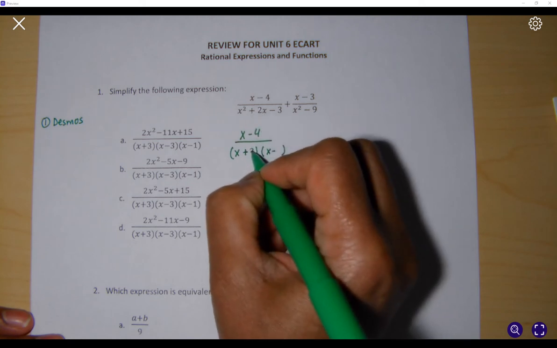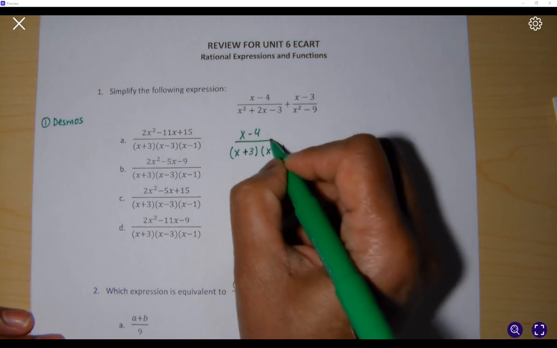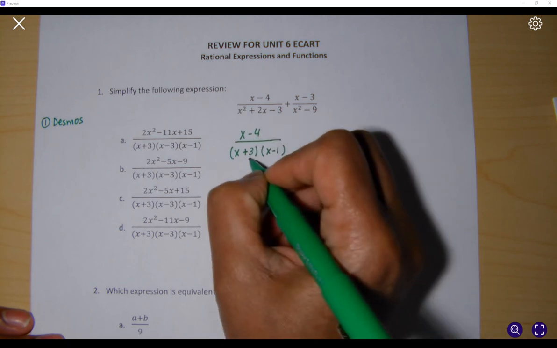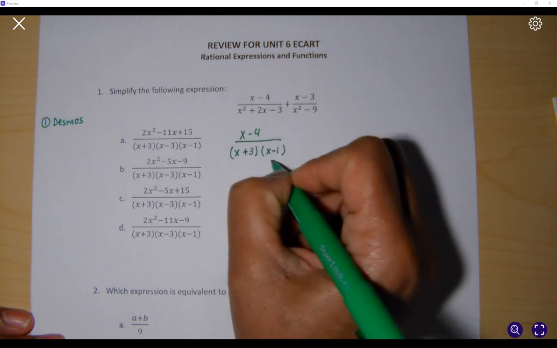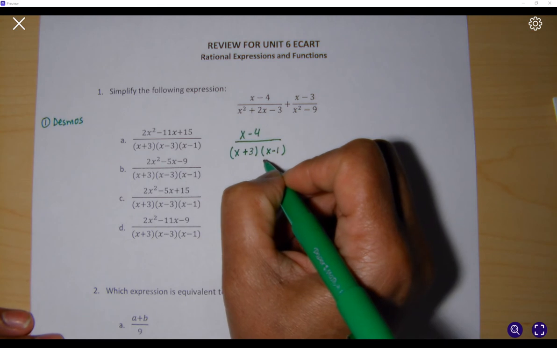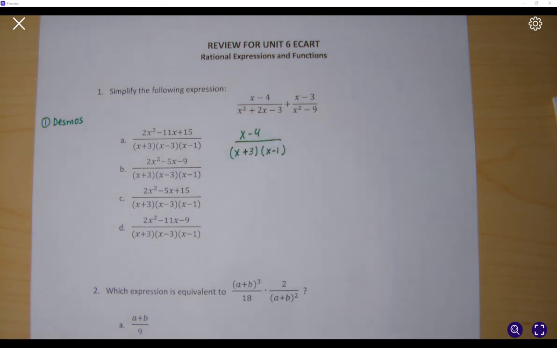So that would be 3 and -1, because 3 times -1 is -3, and 3 minus 1 is 2. So that works. This is something that we did in Unit 2, where we factored trinomials.